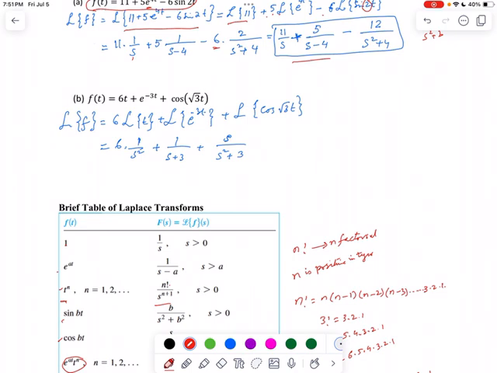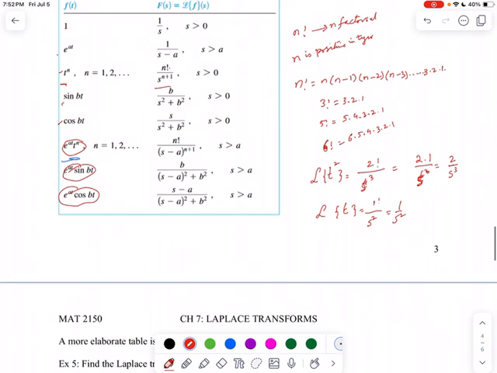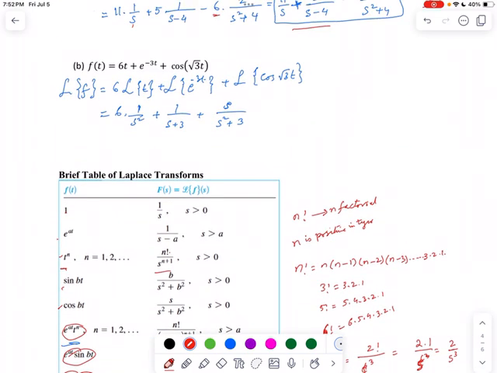So here, 6t. We just saw that the Laplace transform of t is 1 over s square. So 6 times 1 over s square, or 6 over s square, plus the next is e to the negative 3t.